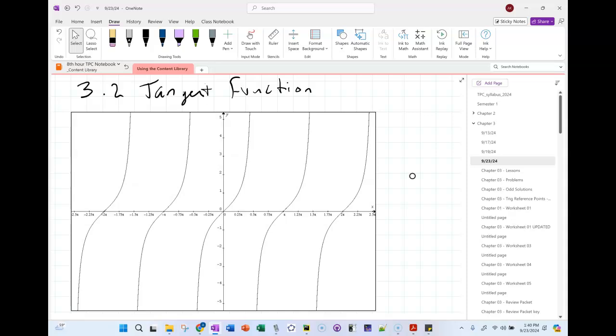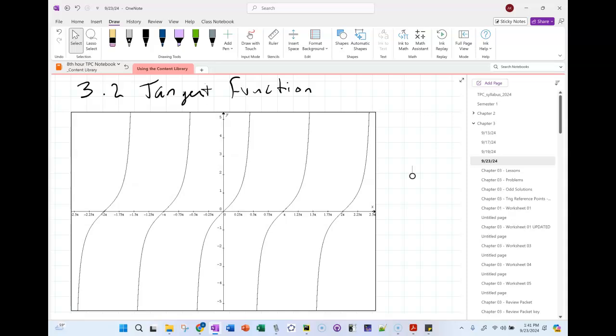How is it similar, though? It still repeats itself over and over again, right? You guys see that? Because it's not a wave, it's not a sinusoid. That was the name we gave for the graph that does this. But it is still periodic. It repeats the same cycle over and over and over again.